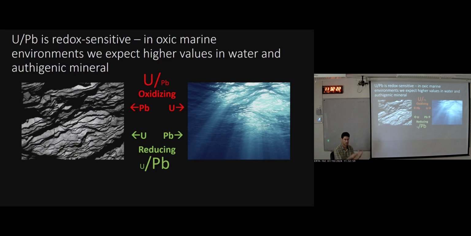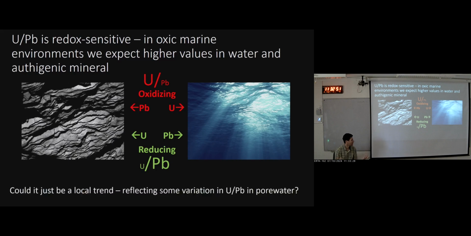This is because, as I told you, uranium tends to go into solution. Lead is associated with iron geochemistry, and will tend to be particle reactive and removed from the system. And in reducing environments, we get the opposite, right? So a high uranium-to-lead ratio reflects an oxidizing, or oxic, environment.